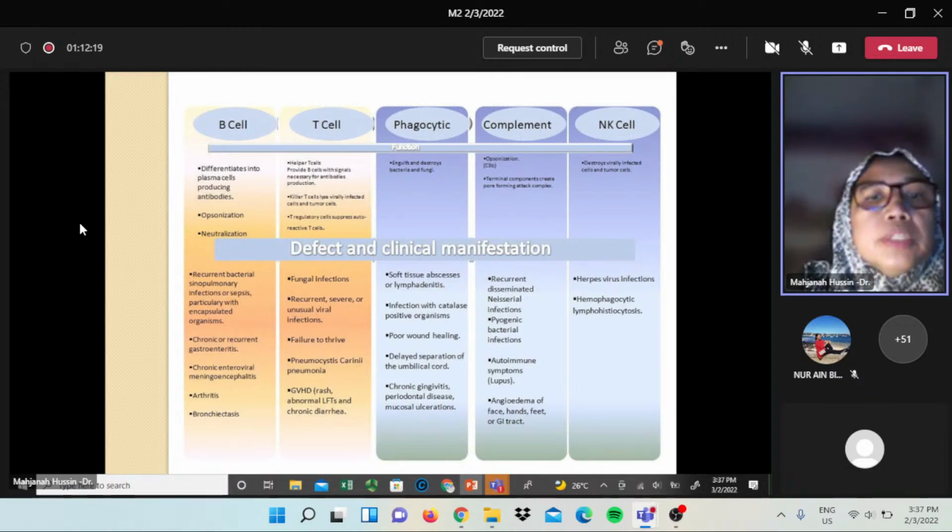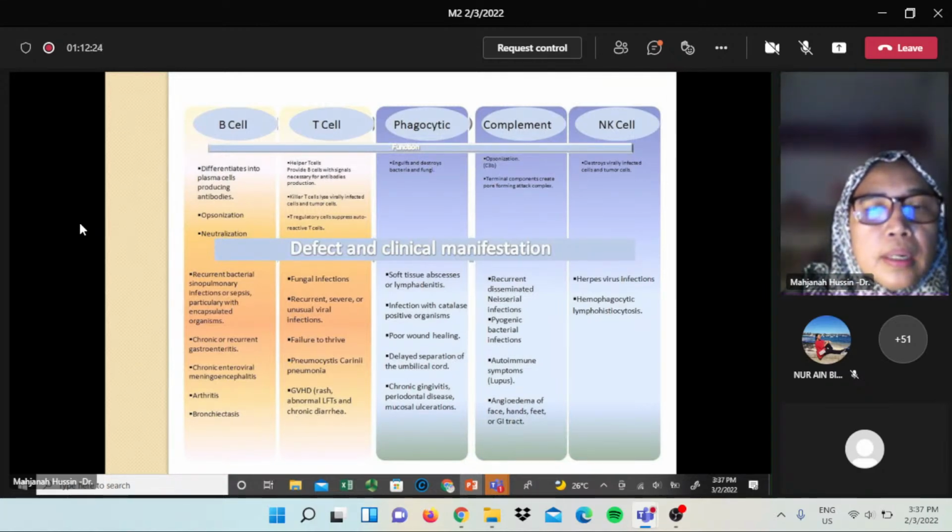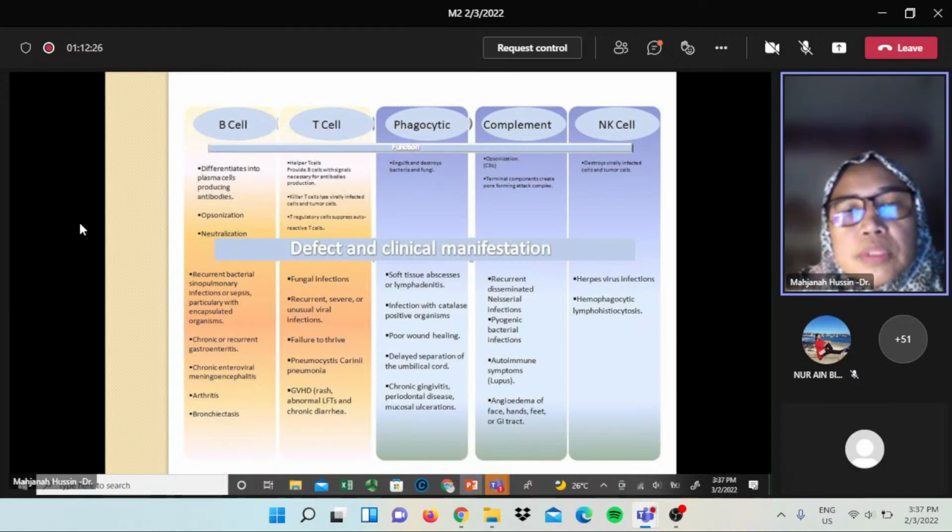So you know that it's being used for that. Here we are looking at separate immune cells, and what if you have this, and what will happen to the person. So that's that.